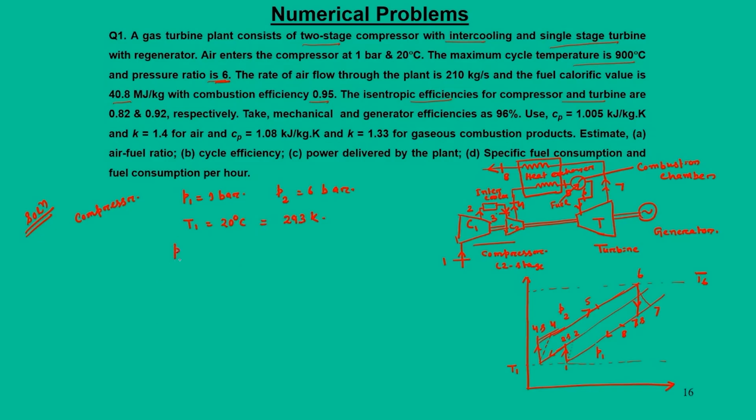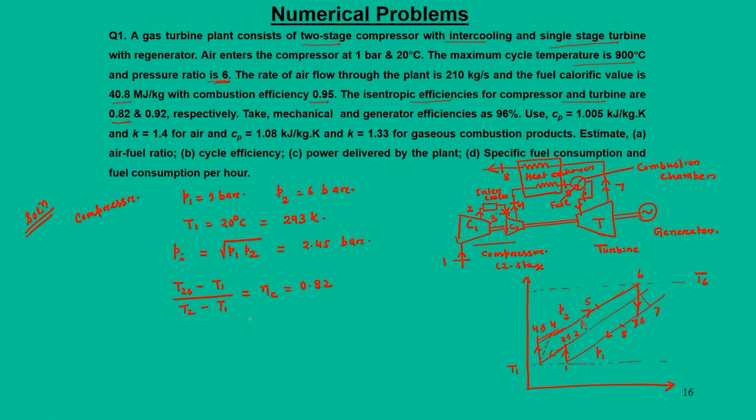So, we can find out what is intermediate pressure, that is square root of P1 P2, and this is 2.45 bar. Then first stage compression, we write (T2S minus T1) by (T2 minus T1), that is denoted by compression efficiency eta C, and this number is 0.82.